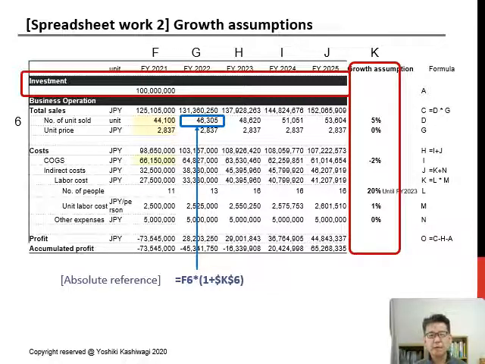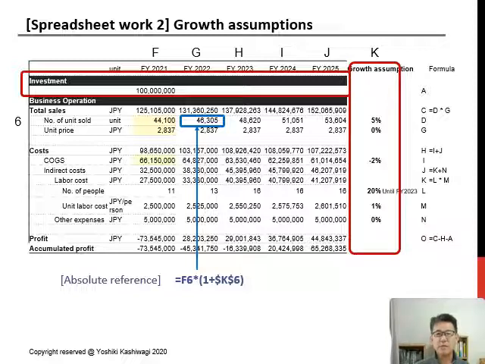And I will show you this one as well. But I want you to learn how to use absolute reference. Once you made your growth assumption, let's say 5% for number of units sold, in the fiscal year 2022, in column G, I want you to make a formula.